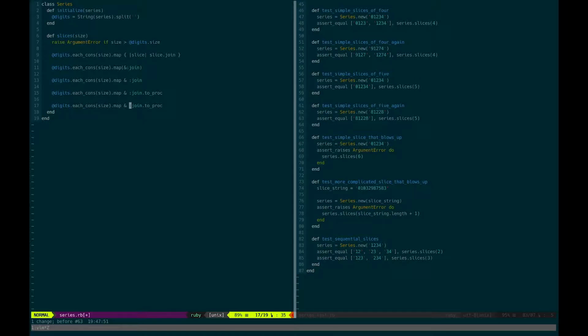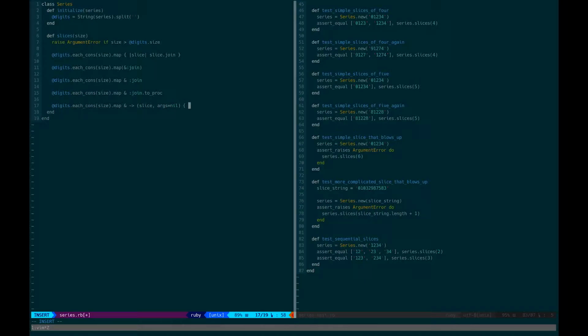I'm going to do it as a stabby lambda here in place. There are differences between procs and lambdas, but they're not important for the purpose of this explanation, though it's something you might want to read about at some point. The proc we get takes as its first argument whatever element we're on in our iteration, so that would be a particular slice here. It also takes an optional set of arguments.